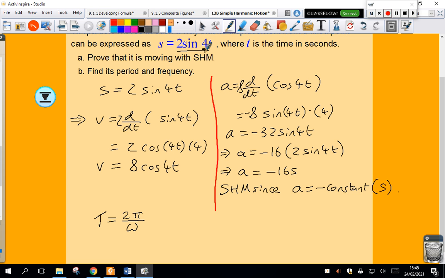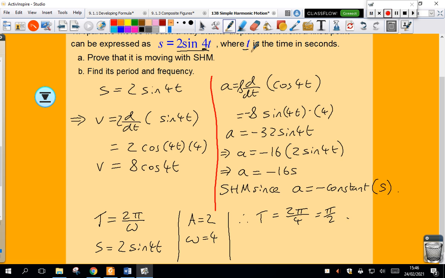In fact, s equals 2 sine 4t, so the amplitude is 2 and omega is equal to 4. Therefore the period, which we give a capital T to, is going to be 2 pi over omega. That's 2 pi over 4, which is pi over 2. T is the time in seconds, so the period is given in seconds.